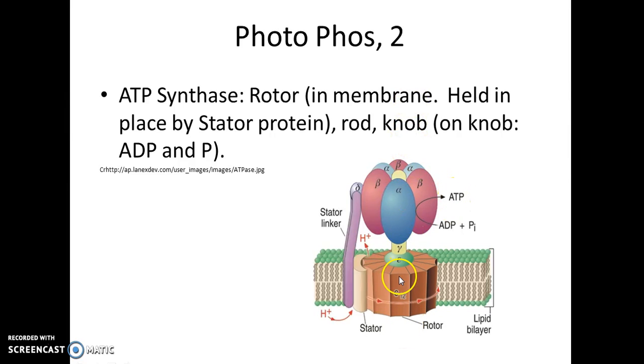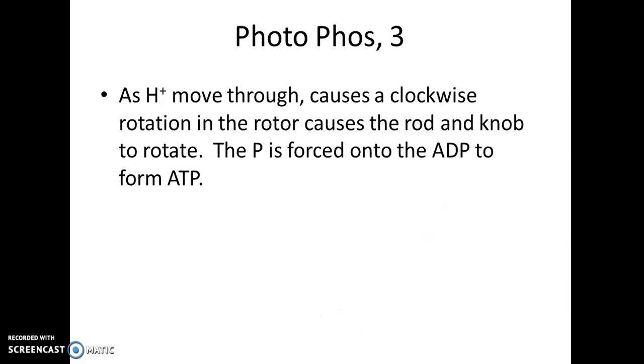So as the hydrogen ions move through, the ATP synthase rotates, and as it rotates, it will physically jam the phosphate on top of ADP, which is adenosine diphosphate, to form ATP, which is adenosine triphosphate. It moves in a clockwise fashion, and this is another example of a wheel in nature. So you have two. Somebody asks you, do wheels naturally happen? You say yes, prokaryotic flagella as well as the ATP synthase.